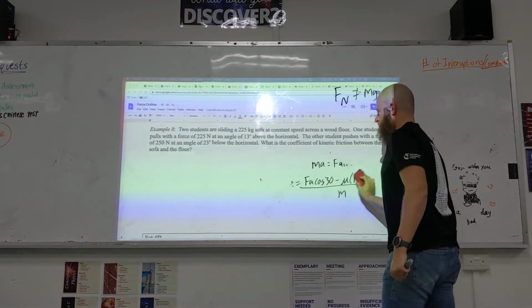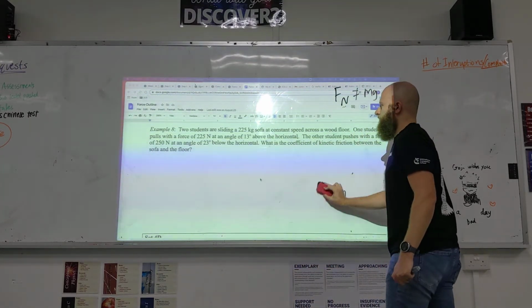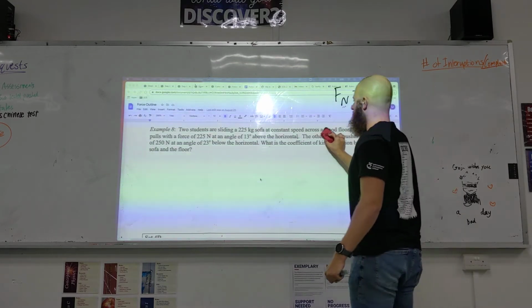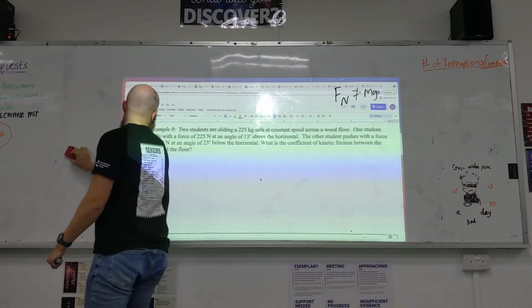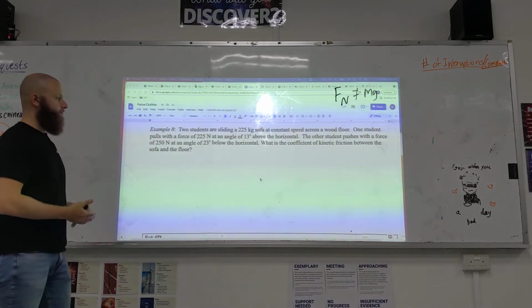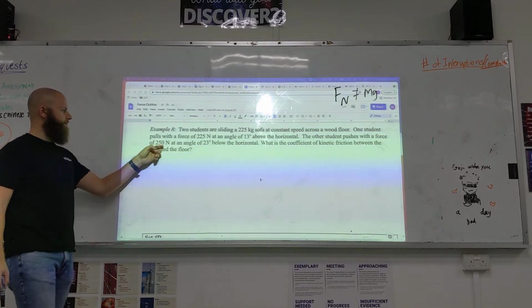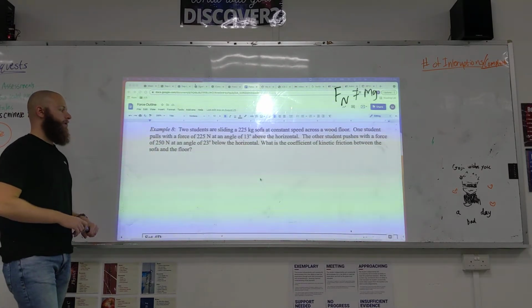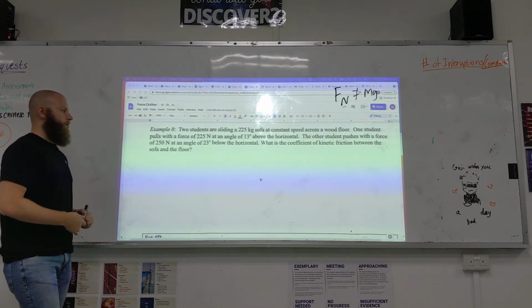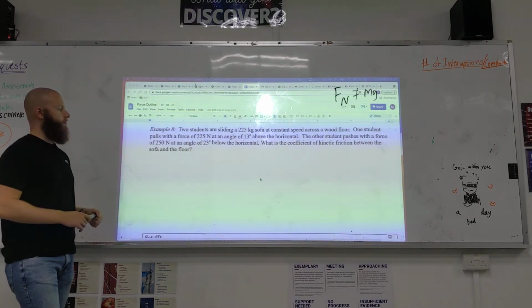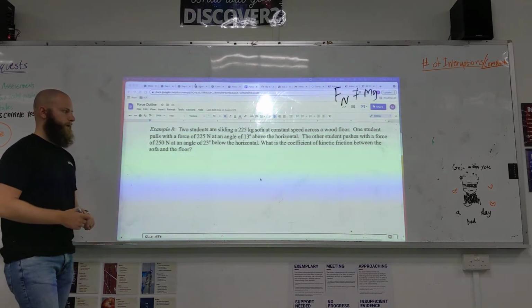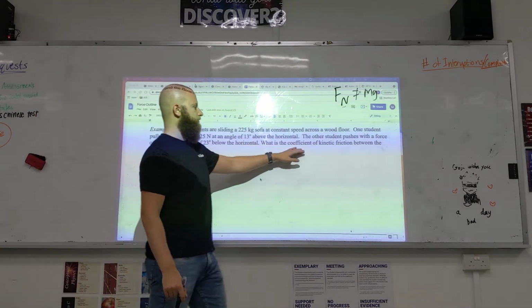One student pushes with a force of 225 newtons at an angle of 13 above the horizontal, while the other student pushes with a force of 215 newtons at an angle of 23 below the horizontal. What is the coefficient of friction between the sofa and the floor? So we're looking for mu.